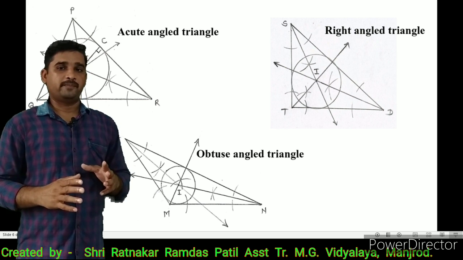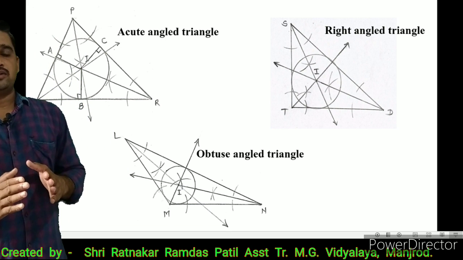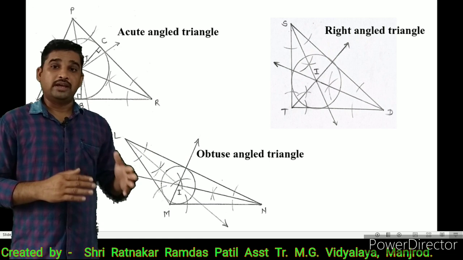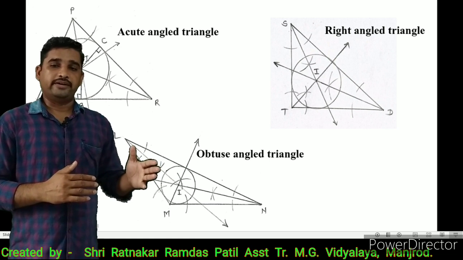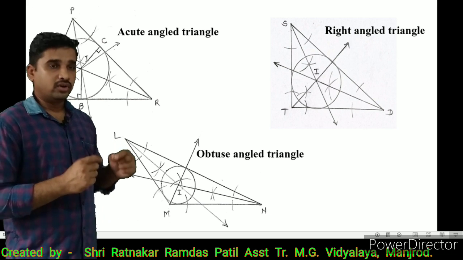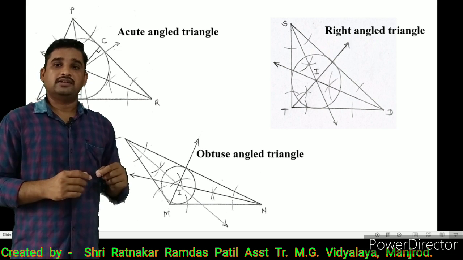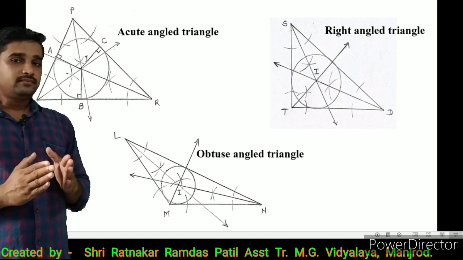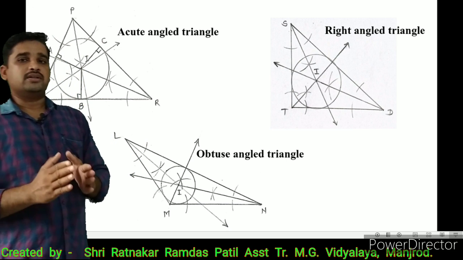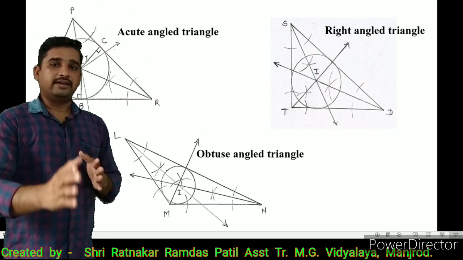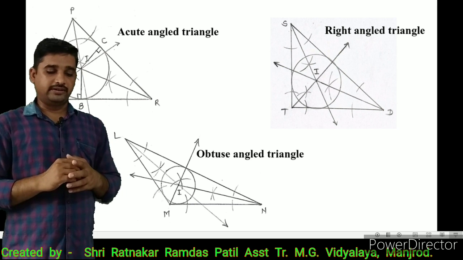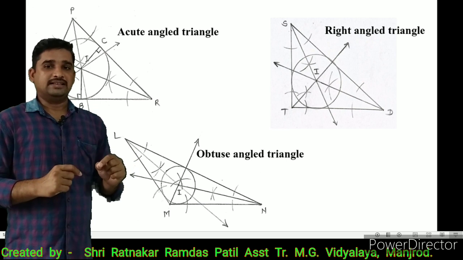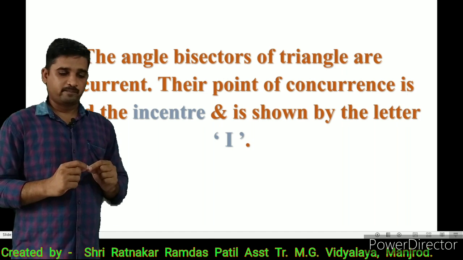If you draw the angle bisectors of these two types of triangle, as we first learned for the acute angle triangle, the point of concurrence or incenter is in the interior of the triangle.